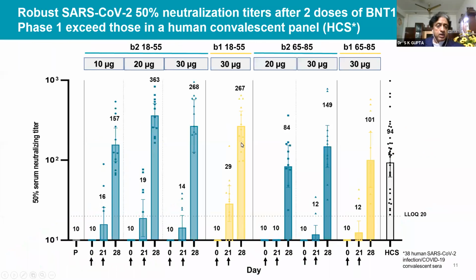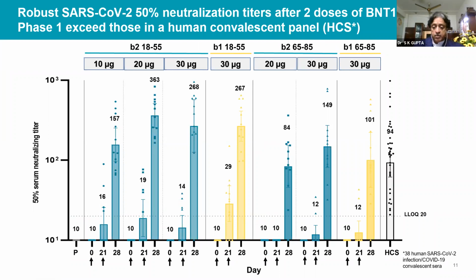They basically used 10 microgram, 20 microgram, and 30 microgram doses, and this was the only trial in the world which was done in people more than 65 years of age. Most of the vaccine trials have been done in people up to 55 years of age. This was a wonderful trial, and the data is robust.